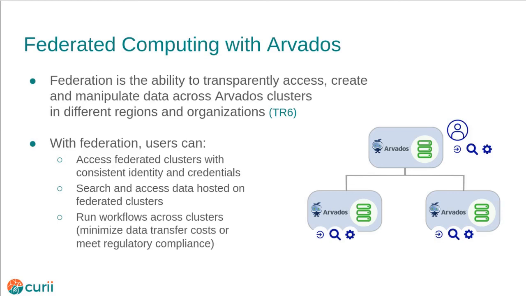We saw search and data access across the clusters. Federation enables interoperability between different regions or even organizations. The administrator chooses which clusters to federate with. Federation facilitates the data commons by making it possible for data to be shared widely among users in an organization or between organizations while still having controlled, audited access.